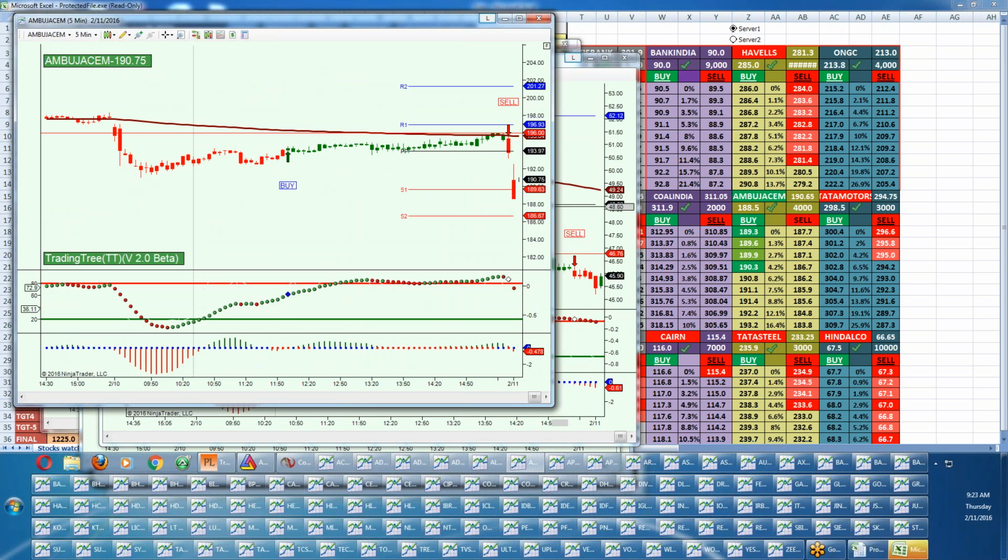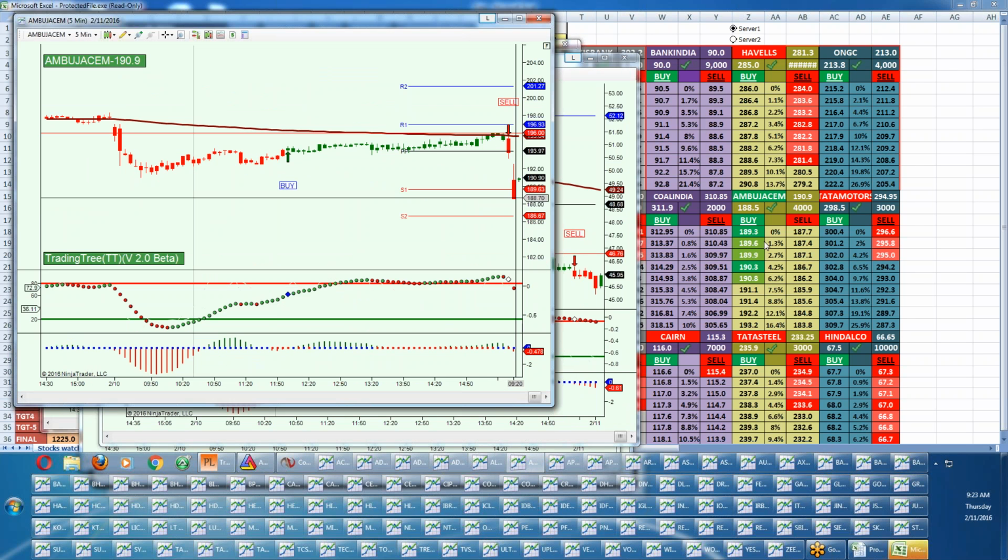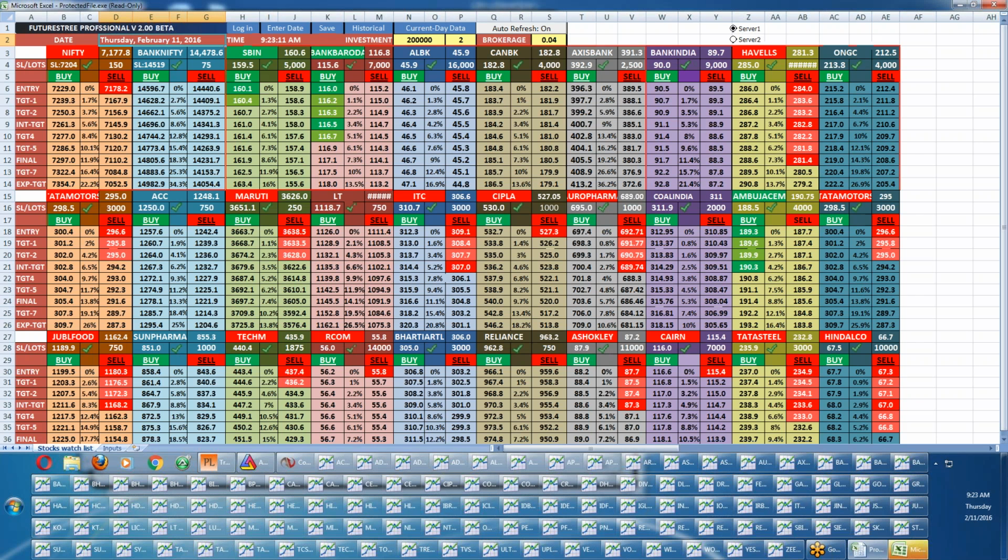So we are seeing here that we have a sell call here in Ambuja, but we have a buy call here. So Bank of Baroda, you can just see that it has done its target 4.